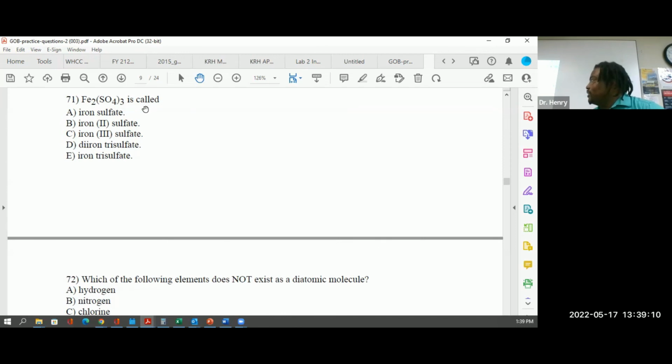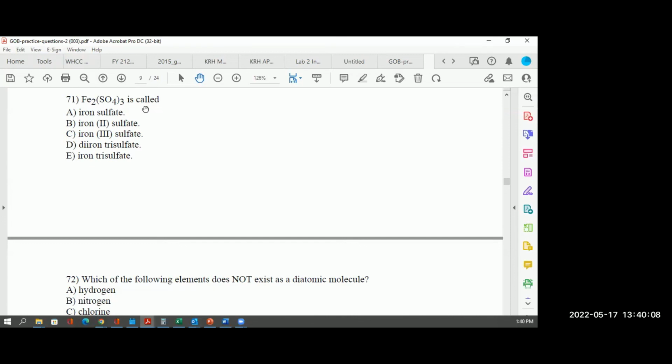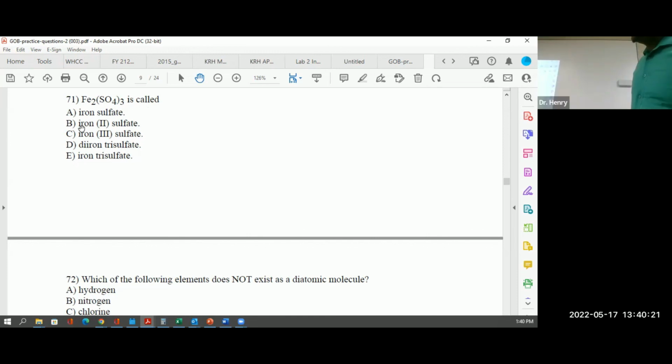Fe2(SO4)3 is called... would it be C, iron 3 sulfate? Iron 3 sulfate is correct.